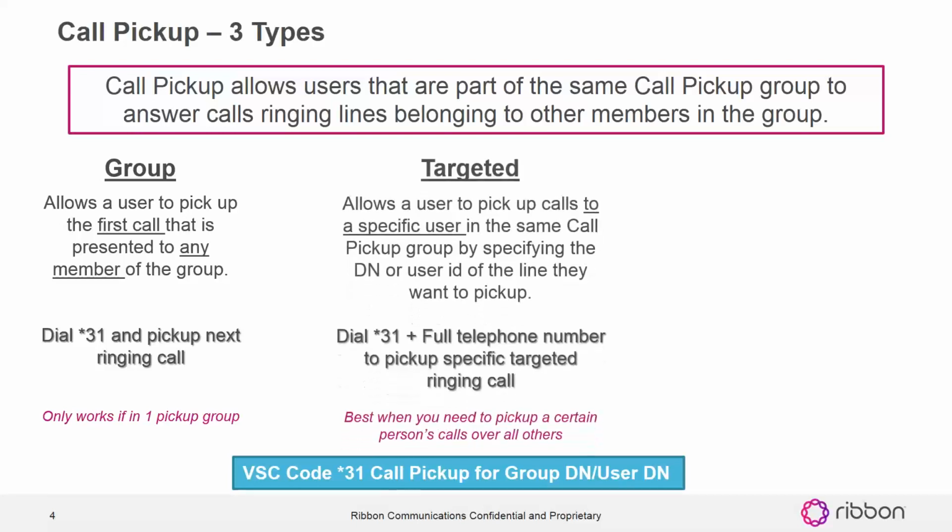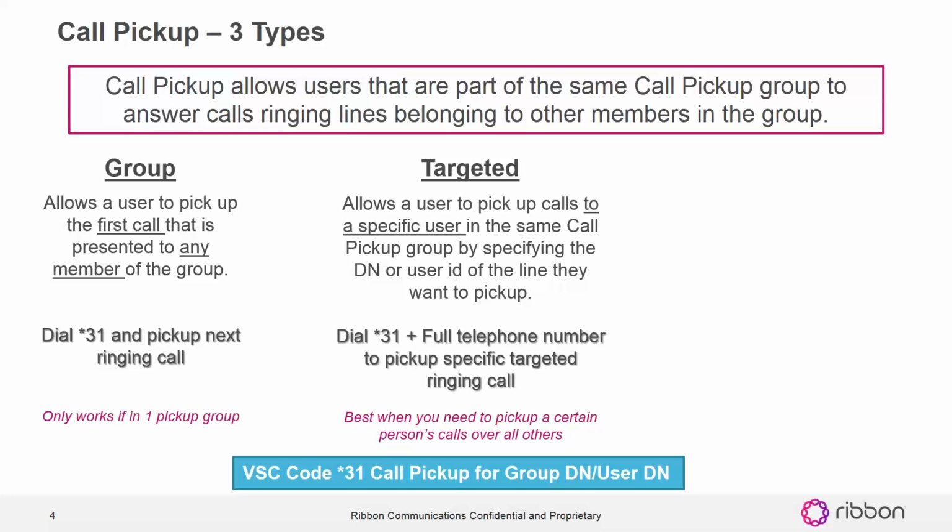So the targeted pickup allows you to pick up a specific person. If 4 calls are ringing all in the same group, and you want to pick up, in our case, Susie Q, then you're going to pick her up over anybody else, so only the call that is ringing on her line. The way that you do that is you dial the same vertical service code, *31, but you have to put in her full telephone number.